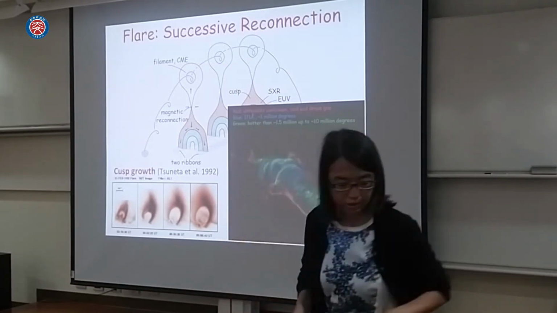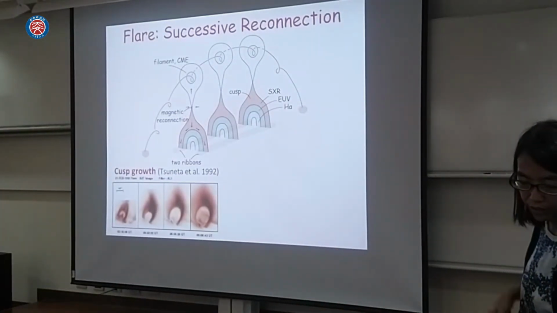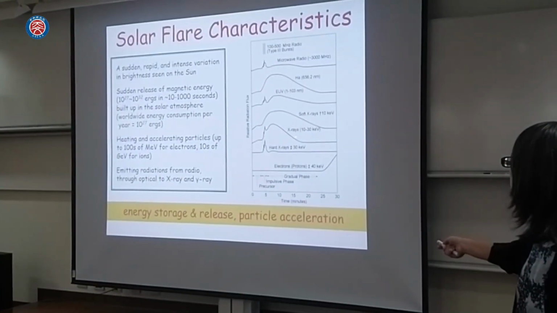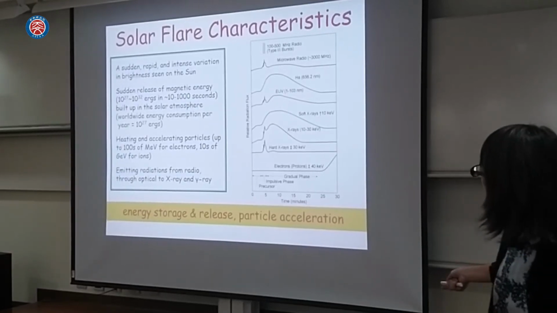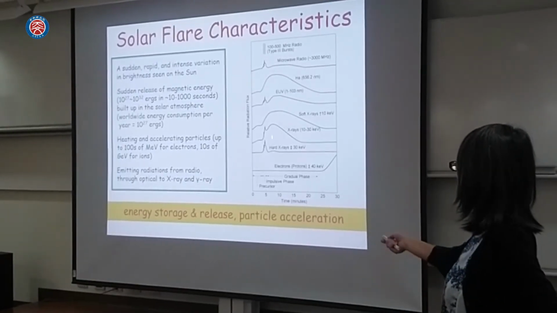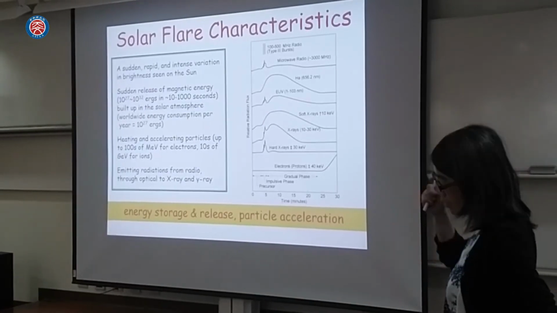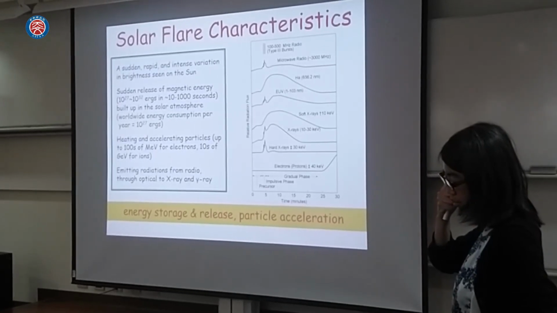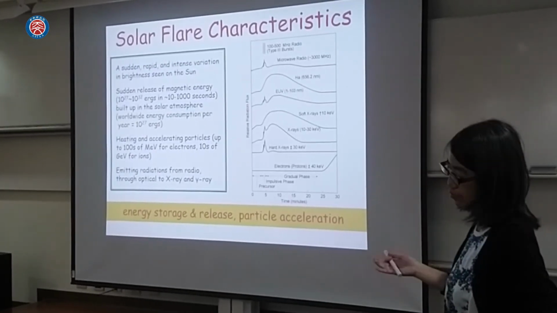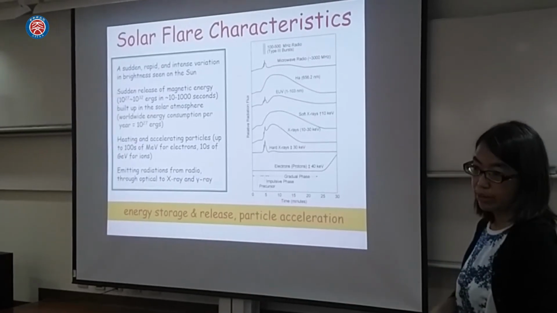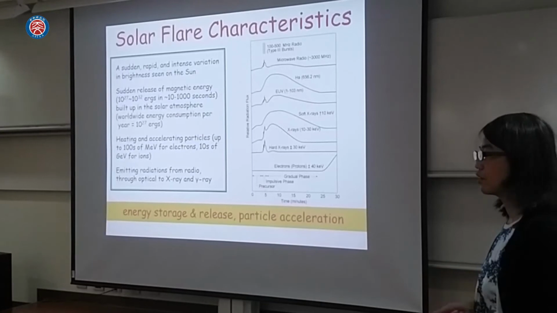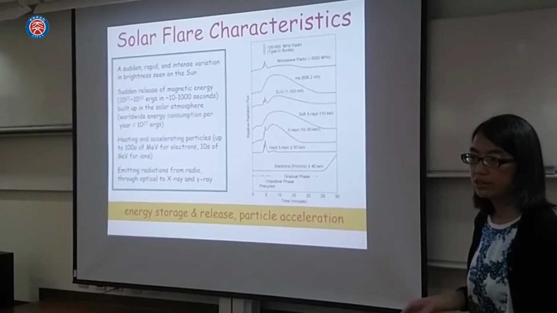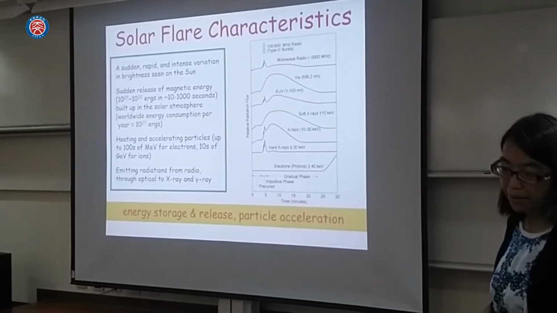If you see the light curve of soft X-ray, it should be a gradual variation. But that depends. One kind of flare may last just a few minutes, from start to end within 3 minutes, but a larger one can last nearly 1 hour. So that depends on the event.